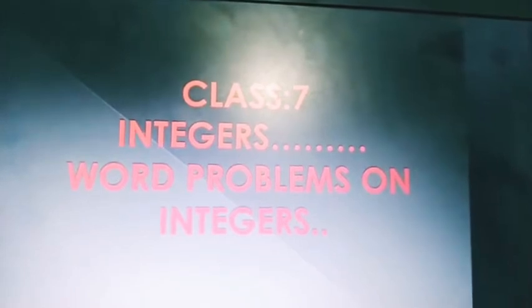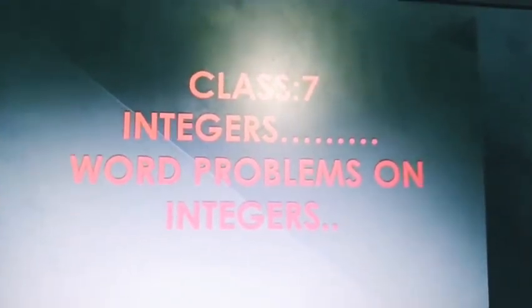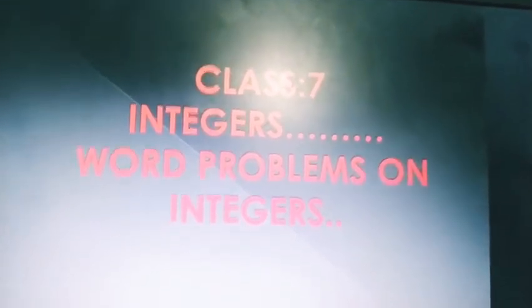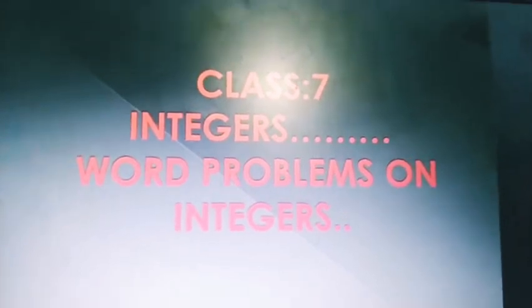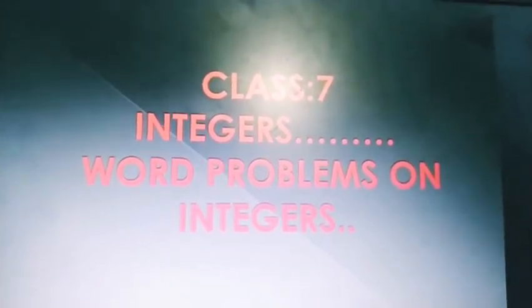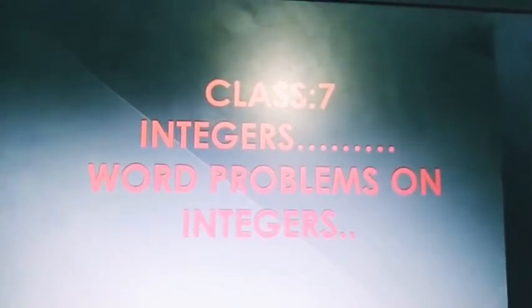Closure property holds for addition as well as subtraction. Commutative property holds only for addition, and associative property also holds good for integers in addition. So today we'll see some word problems on integers.